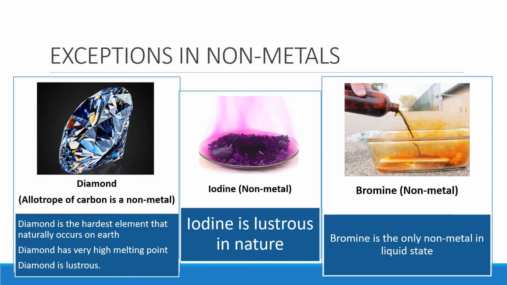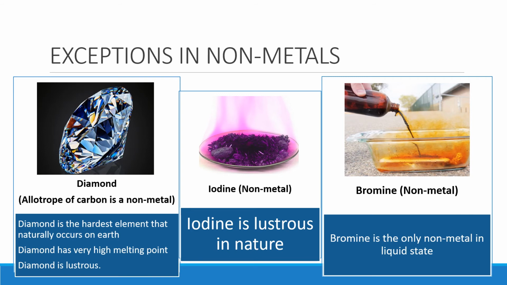Exceptions in non-metals. Generally, non-metals are brittle in nature, but diamond is the hardest element that naturally occurs on Earth. Diamond is the allotrope of carbon. It has very high melting and boiling point and it is lustrous. Similarly, iodine is also lustrous in nature.